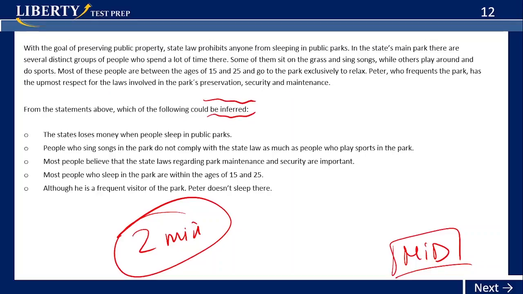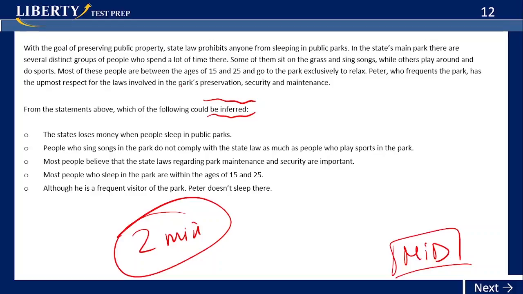Let's read this argument. With the goal of preserving public property, state law prohibits anyone from sleeping in public parks. In the state's main park, there are several distinct groups of people who spend a lot of time there. Some of them sit on the grass and sing songs, like hippies, while others play around and do sports.